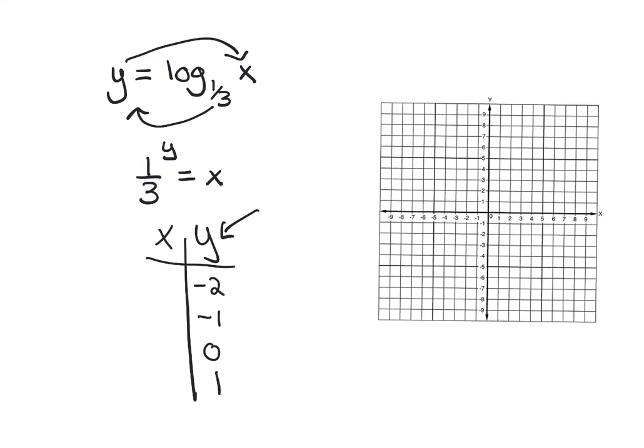All right, but dealing with a fraction, these get a little tricky. I'm going to do 0 and 1 first. So 1/3 to the power of 0 is 1. 1/3 to the power of 1 is 1/3. But now, what is 1/3 to the power of -1?